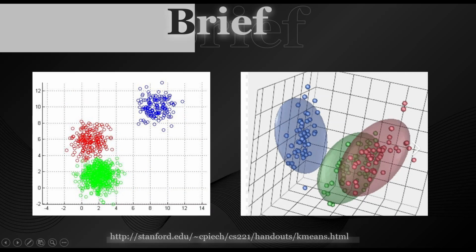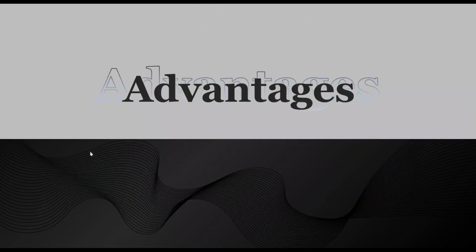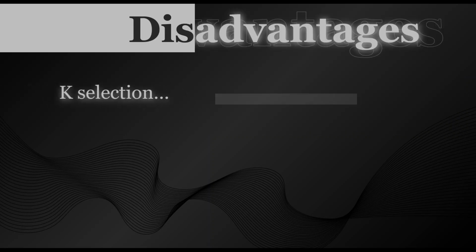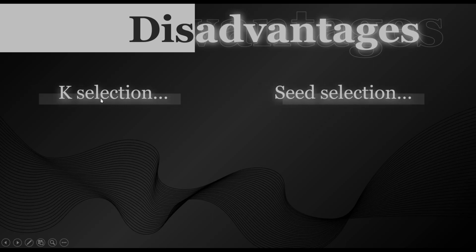But if we had chosen, for example, K as the number 4, the clusters here would be malformed and actually not fitted onto the data. So we need to carefully choose the value of K, and if we do not, we can end up with bad clusters. So we need to pay a lot of attention to the selection of the value of K.